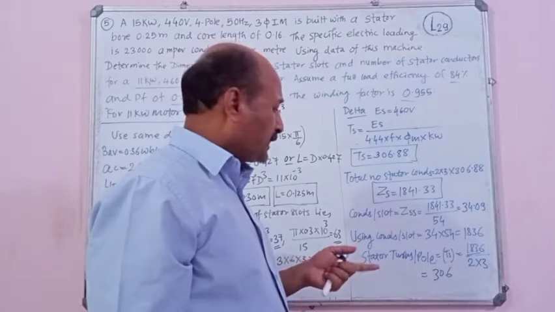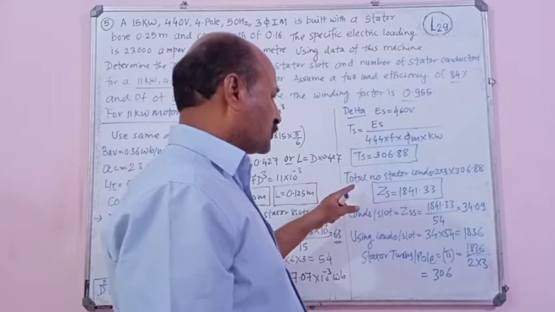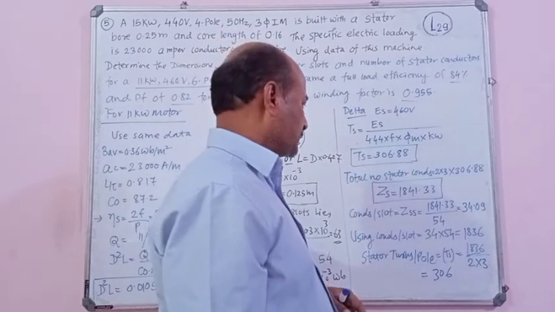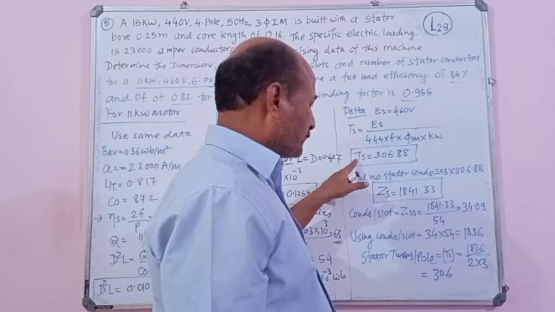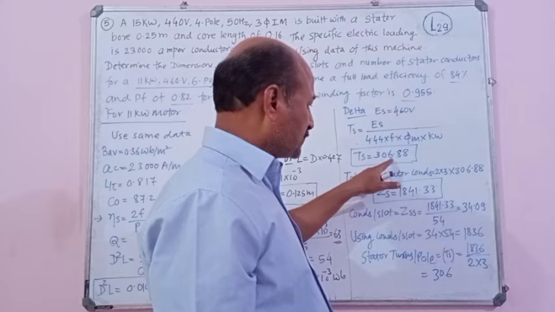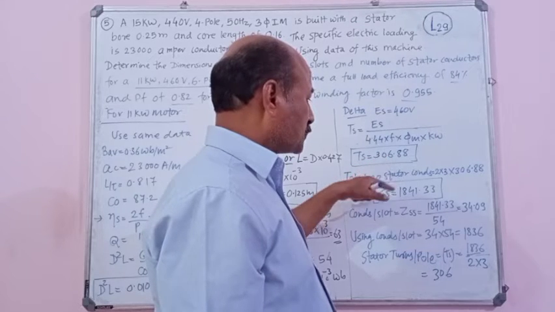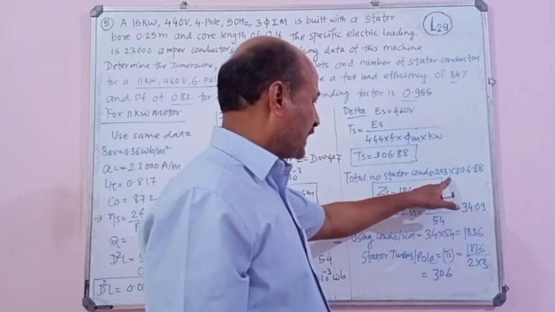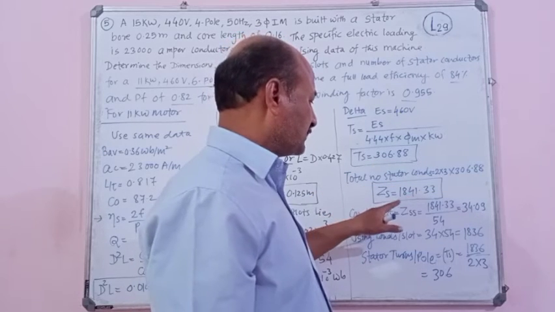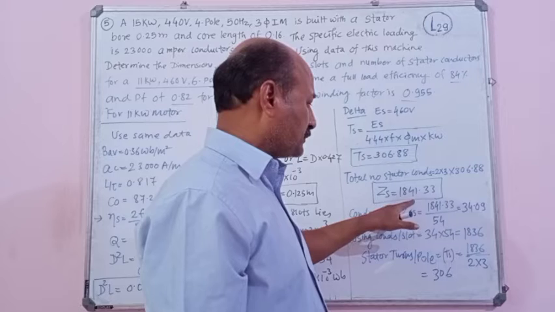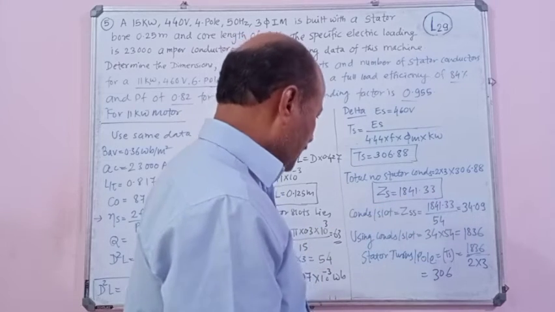So what is our next step? Next step is to calculate the ZS, that is the total number of stator conductors per phase. So we have TS, the total number of turns per phase, equals to 306. If you require the total turns, multiply by 3, and if you require the total conductors, multiply by 2. So in this way you will get the value of ZS equals to 1841.33. Now what is the next step?